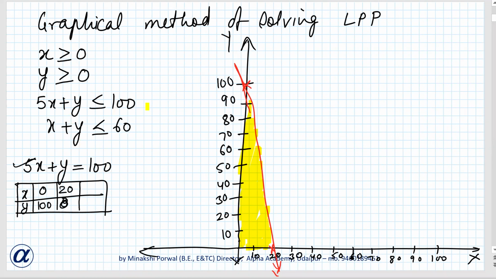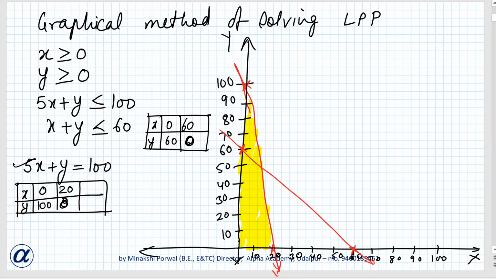Okay. Then next part, x plus y less than 60. When we have to plot this, we'll first plot the line x plus y equals 60. X is 0, y is 60; y is 0, x is 60. Okay. So 60 comma 0 and 0 comma 60, and we'll plot this line.